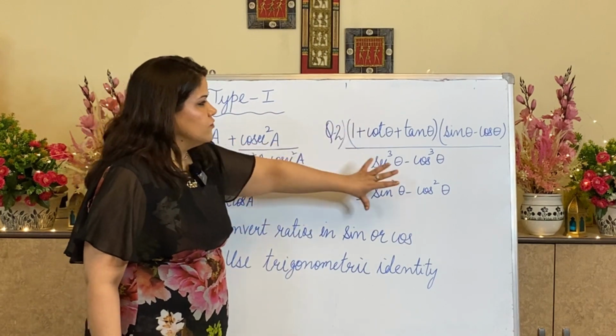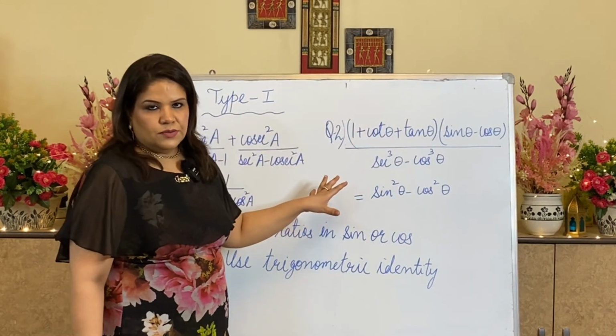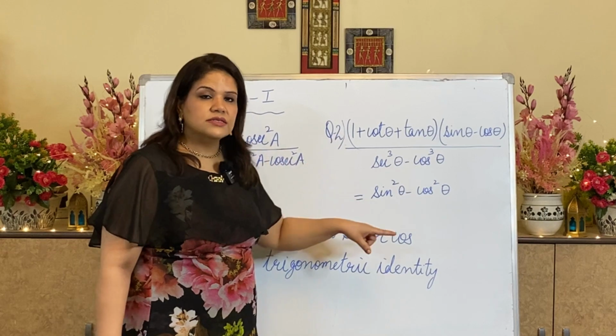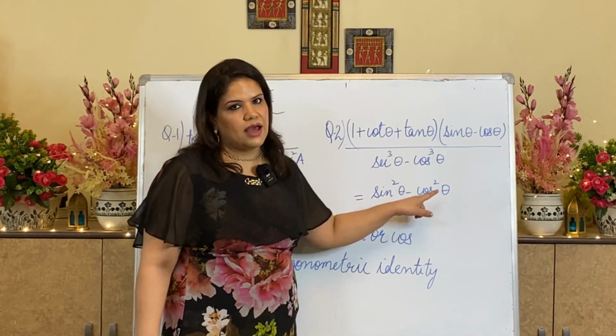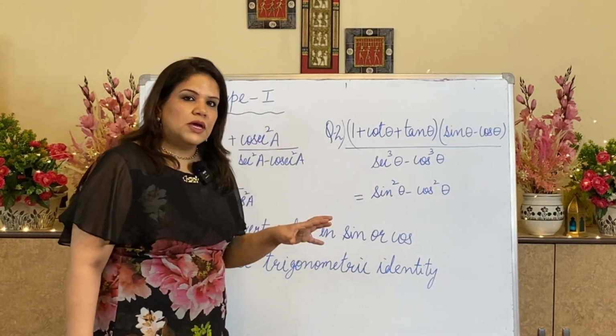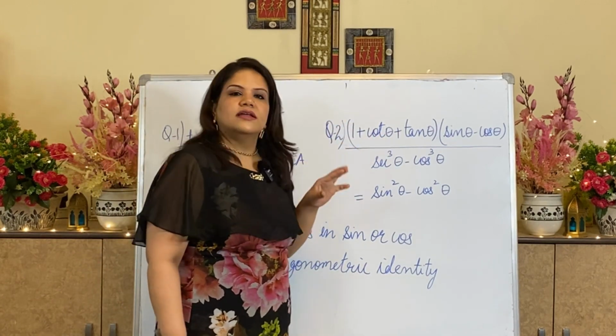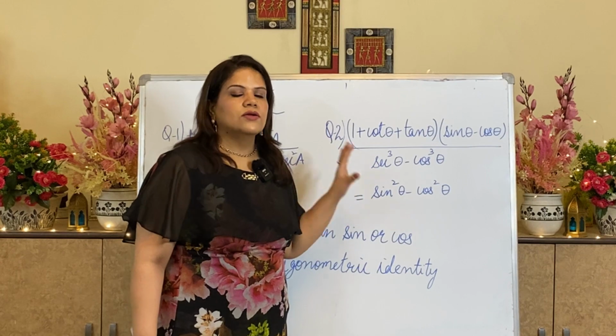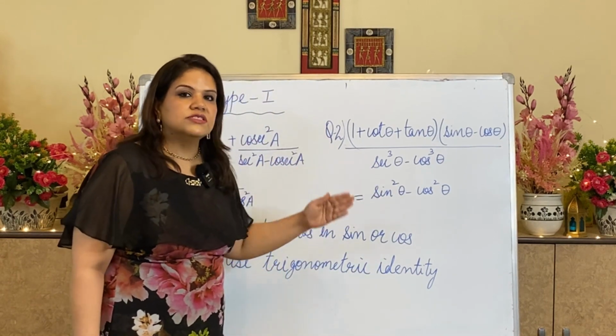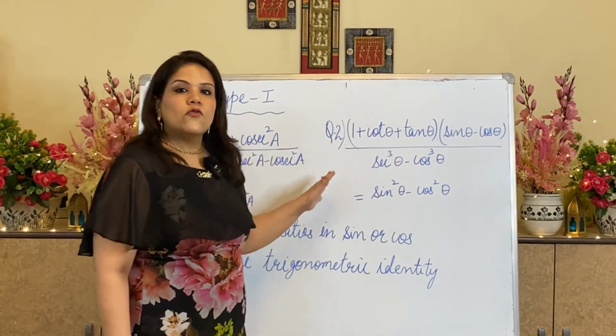Left hand side has these many trigonometric functions, and in my right hand side I have only sin theta and cos theta. That gives me an indication that I need to convert cot, tan, secant in terms of sine and cos. So this way I will start these type of questions.